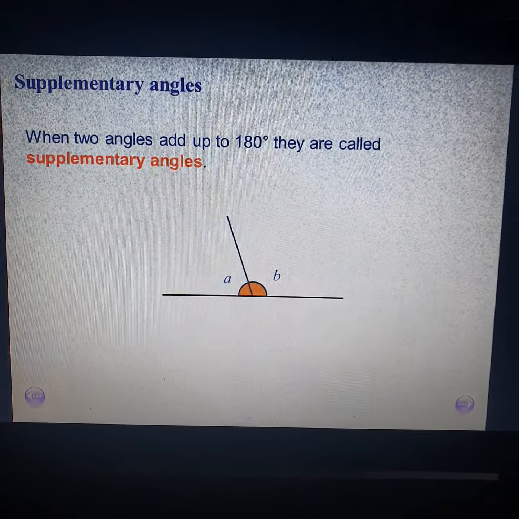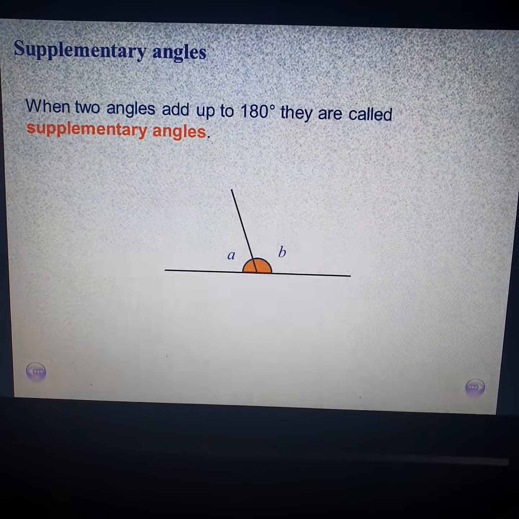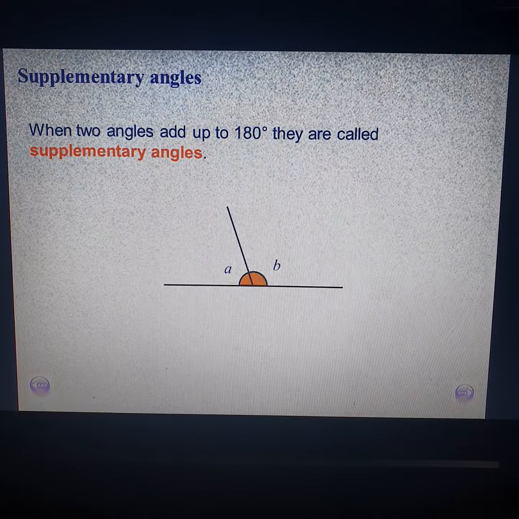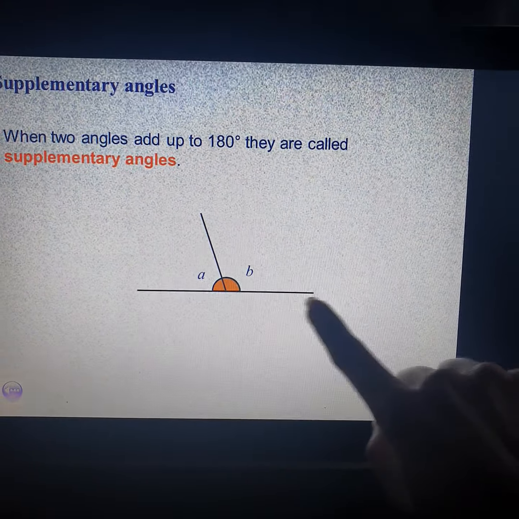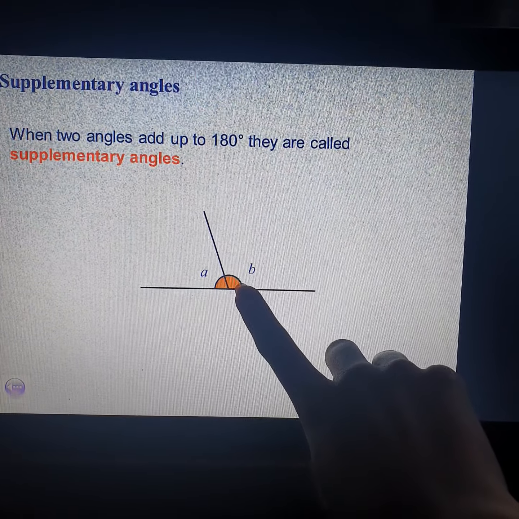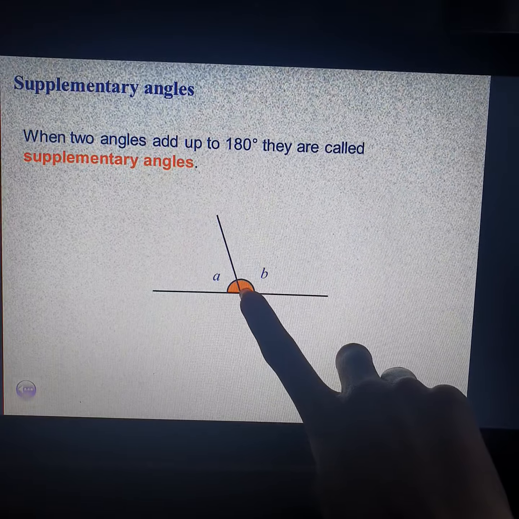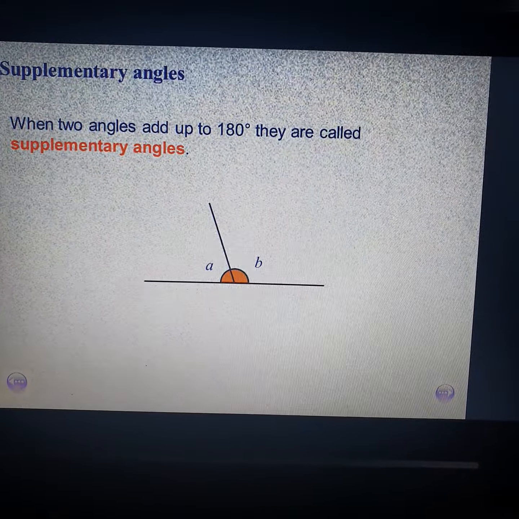Now, supplementary angles. What do you mean by supplementary angles, right? So this is another definition that I'd like you to take down. When 2 angles add up to 180 degrees, they are called supplementary angles. So say if you had a measurement of this angle here to be maybe 120. We could easily work out that angle then because you know that it's on a straight line.